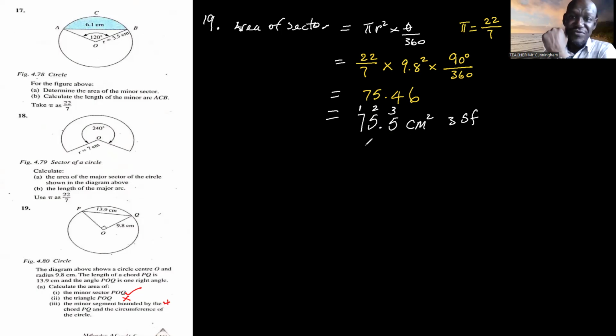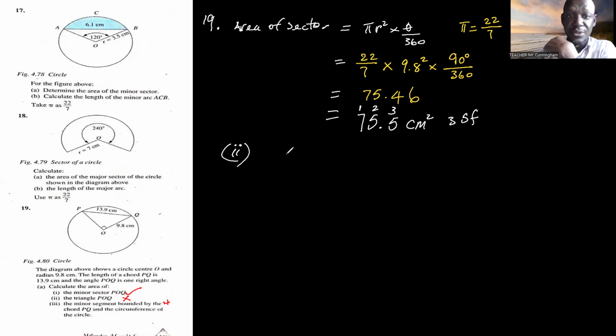Find the area of the triangle. What kind of triangle is it? So it'll be an isosceles triangle. Yeah, it's isosceles, but it is also a right angle triangle. So they made it easy for us.